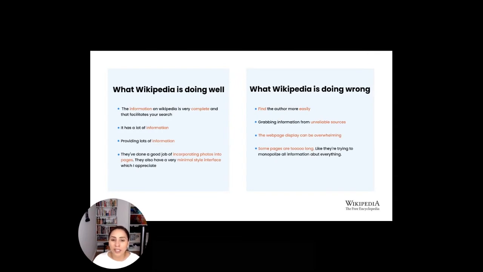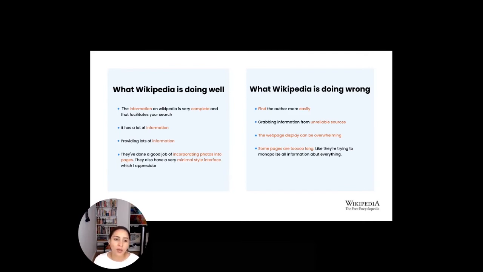About what Wikipedia is doing well: most users agree that it has a lot of information, and that they have done a good job incorporating more photos into the pages. They also appreciate the minimalist style of the interface because it's easier for them to scan and read.